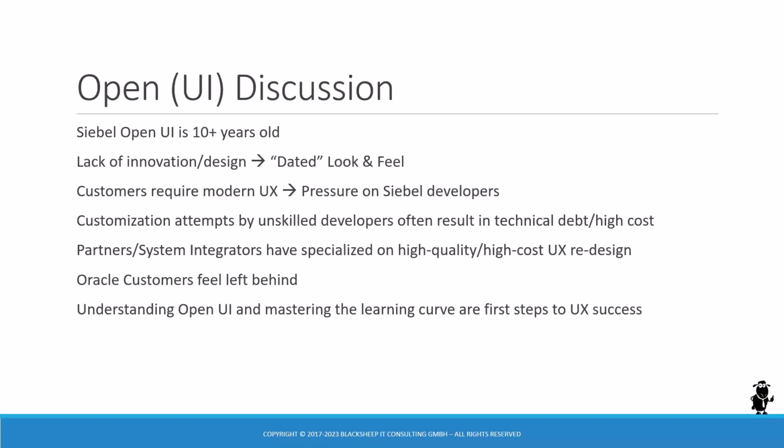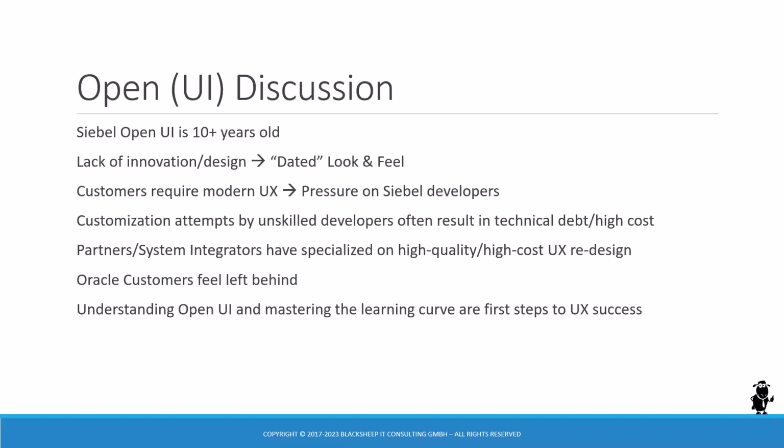So many companies, organizations reached out to partners and system integrators. And of course, they have become very good over the past 10 years on high quality, but also high cost UX redesign. Of course, if there's a lot of people involved, you're easily entering the 6-digit range for any sizable project or even more.